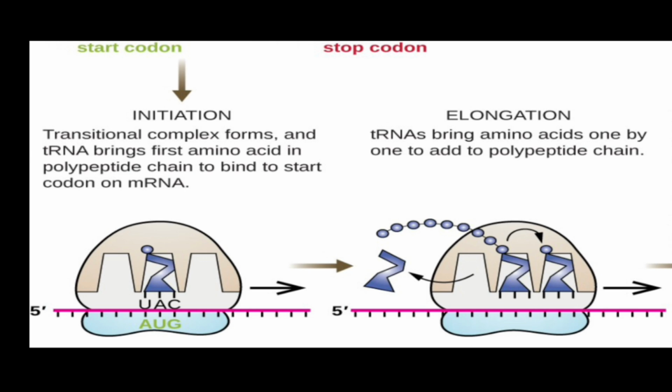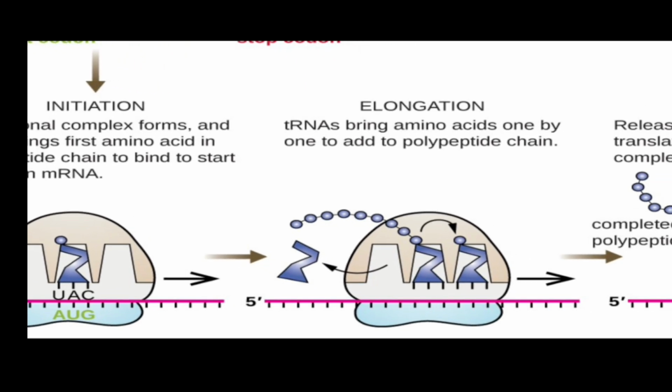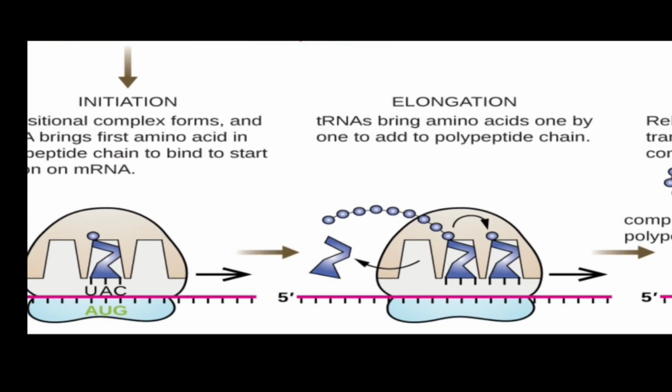And after this, in the elongation step, as in the first step the start codon was recognized and protein synthesis was started, here a second molecule of transfer RNA has come and bound with the next codon.